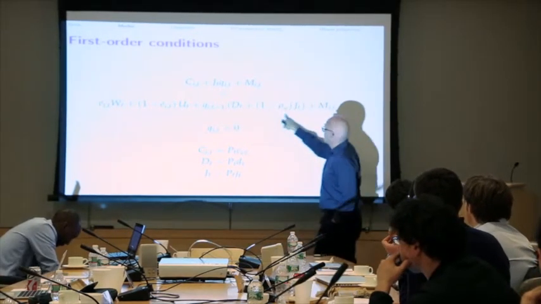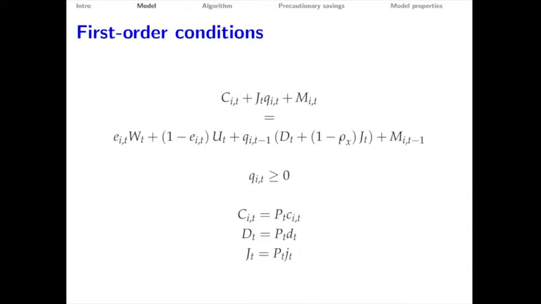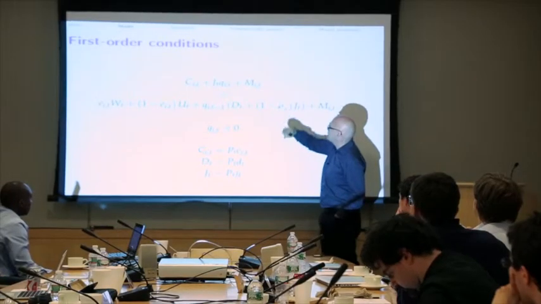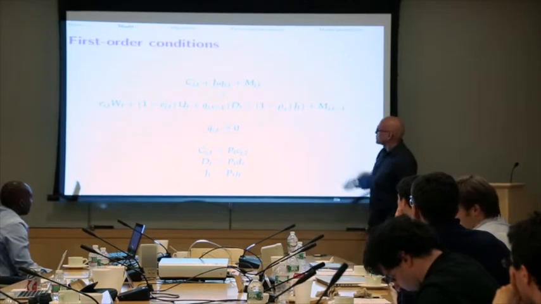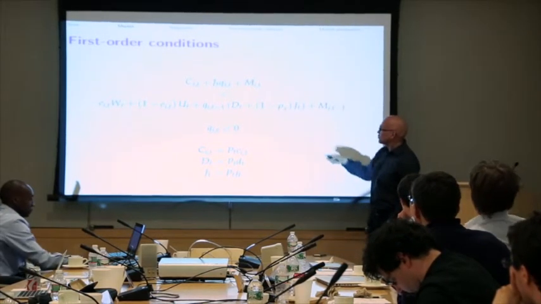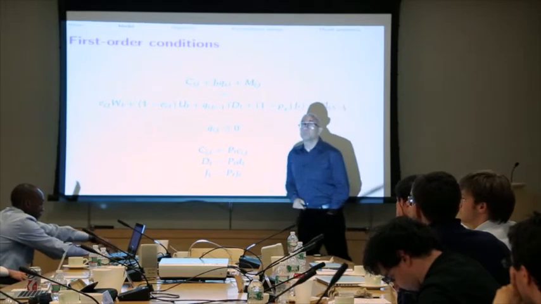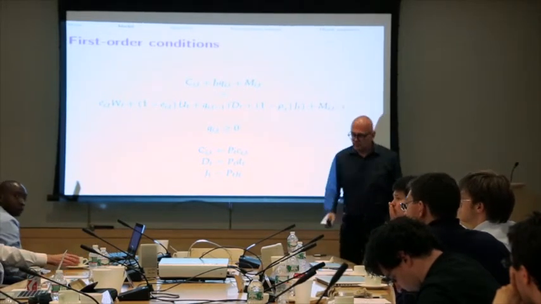And this is his return on equity shares. He gets a dividend. And then he gets firm value, and there's exogenous separation. So it's the same rate for the worker as for the firm. And this is his money holdings at the beginning of the period. The agent cannot go short. So the equity owner gets separation from the firm.